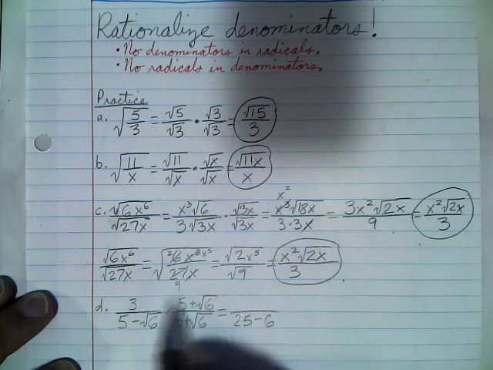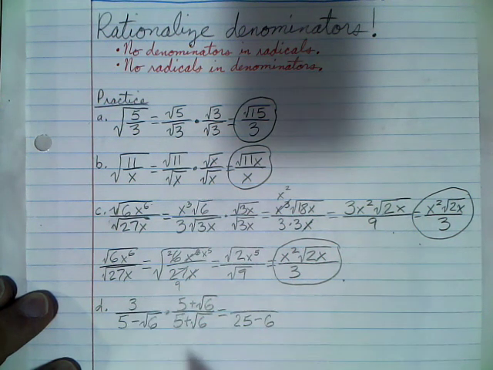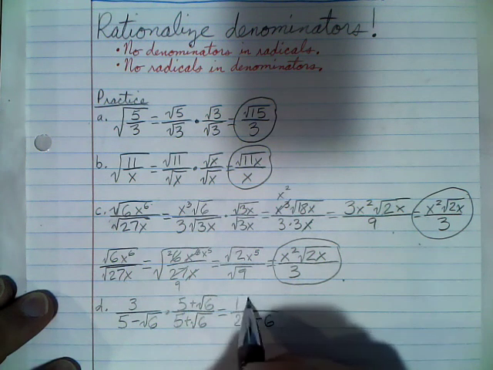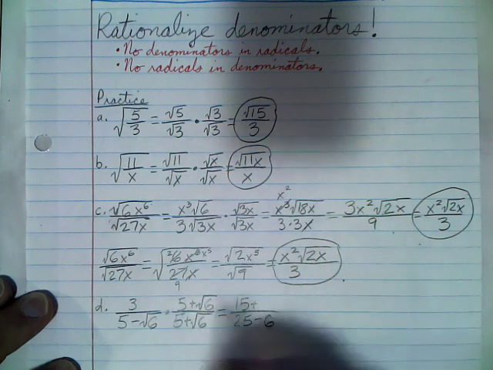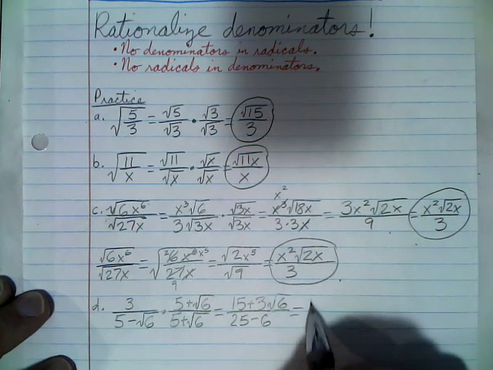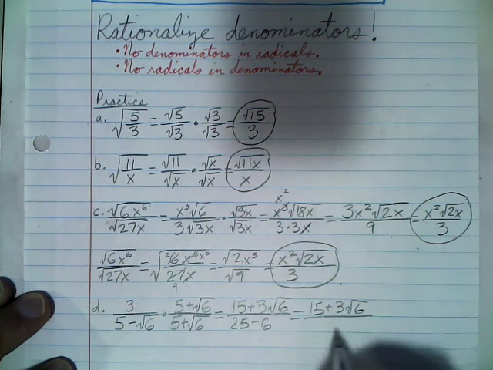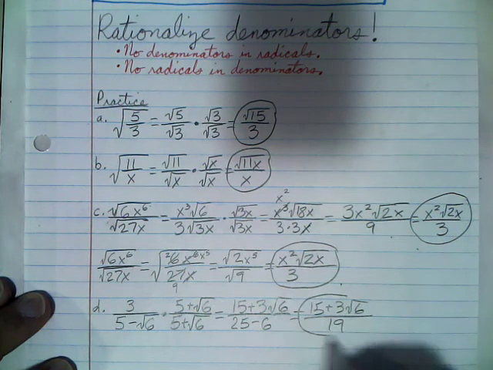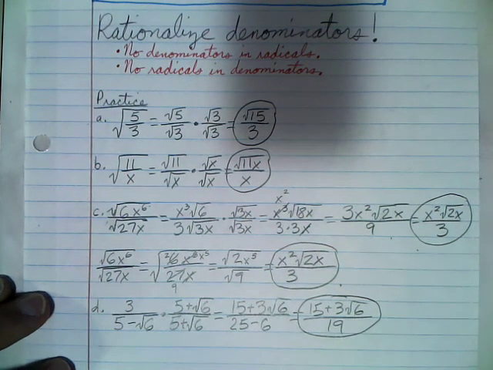Up top, the 3 will distribute to the entire quantity. So 3 times 5 is 15, plus 3 square roots of 6. Finish it off, 15 plus 3 square roots of 6, all over, and 25 minus 6 again is 19. And that is my simplified answer.